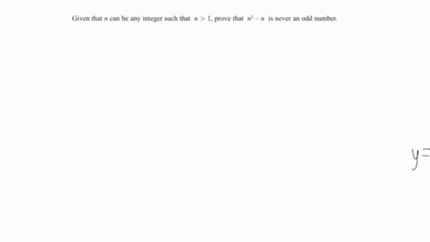So for these proof questions, what you need to remember is how you can represent an even number and an odd number. So any even number can be represented by 2n. It's because if you think about it, any even number is divisible by 2.